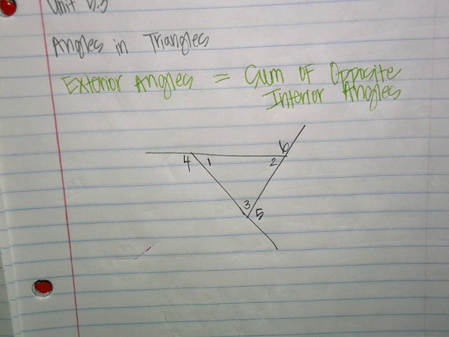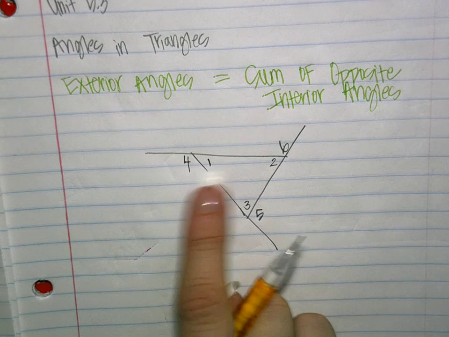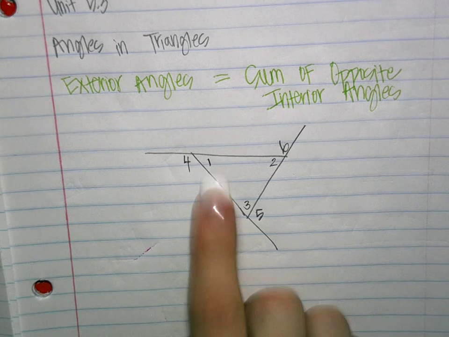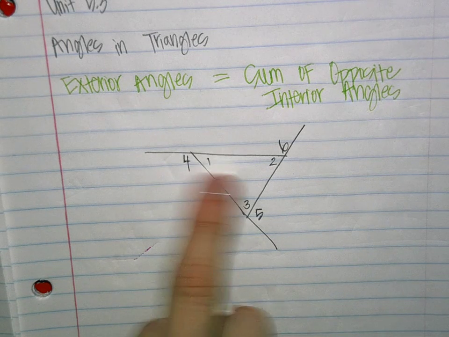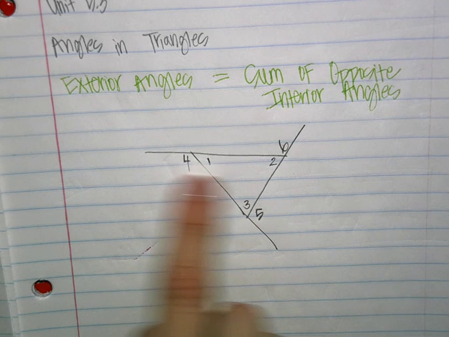Okay? If you look at these, what would you say that 1 and 4 are called? What relationship do they have? 1 is interior, 4 is exterior, okay. But I'm talking about what kind of angles they are. Together, do they make a straight line or a corner?